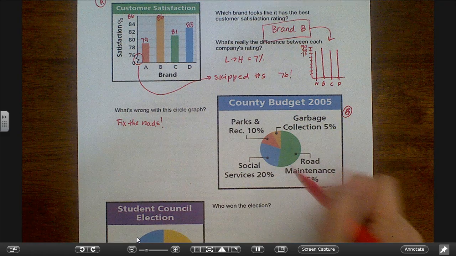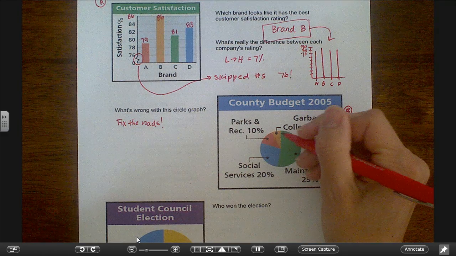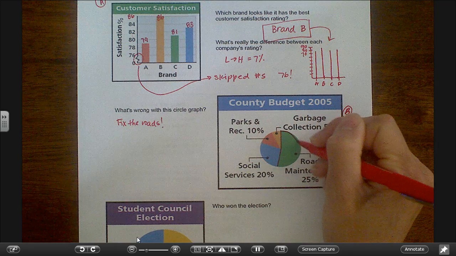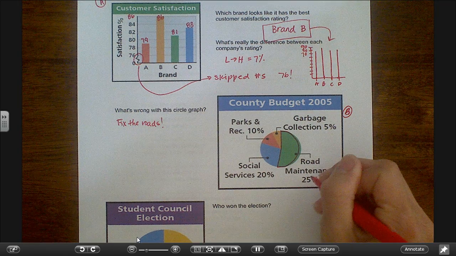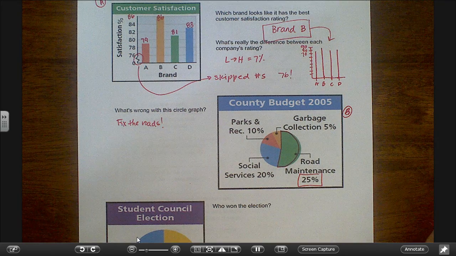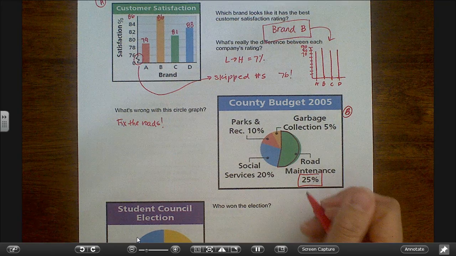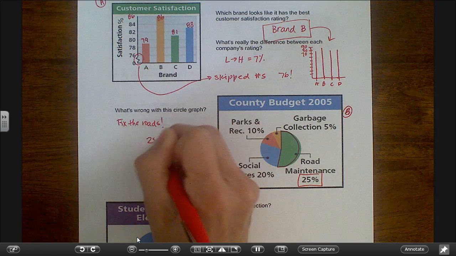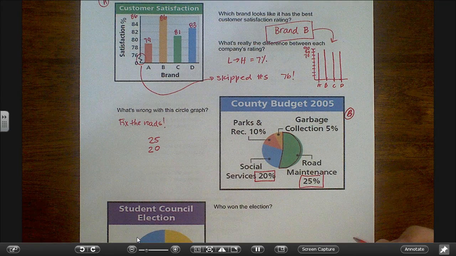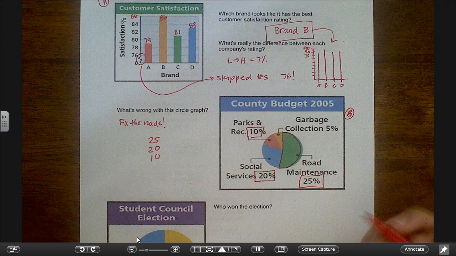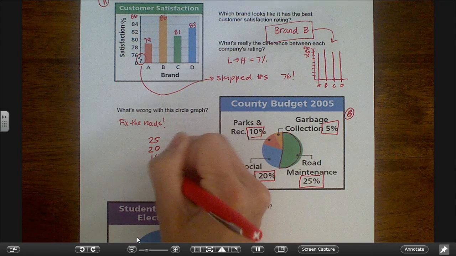So it looks like we spend over half of the budget on road maintenance, right? But really, what do we spend that on? That's only 25%. So let's take a look at the rest of this. So I have 25%. Social services is 20%. Parks and rec is 10%. Garbage collection is 5%.